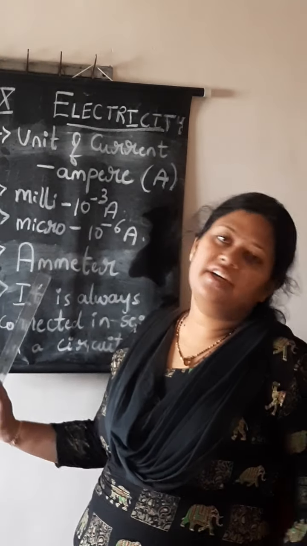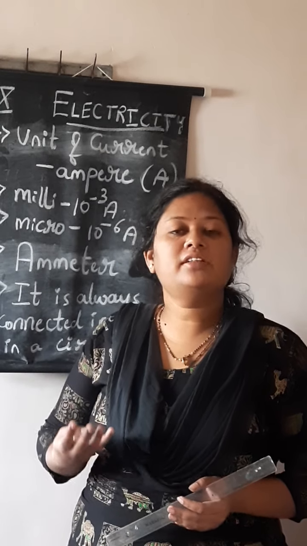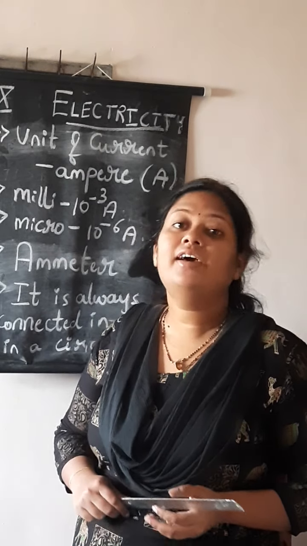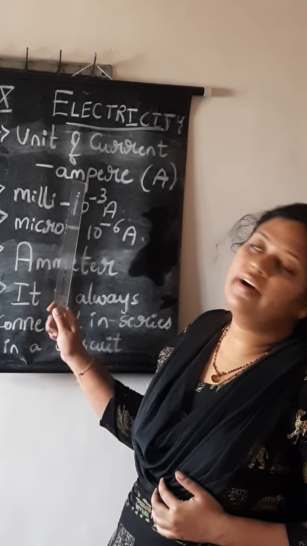How do you measure this electric current? As we learned, we measure the charges in terms of coulomb. The current, that is electricity, is measured in terms of ampere.